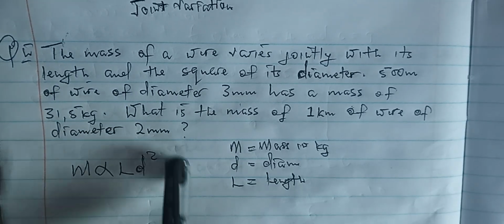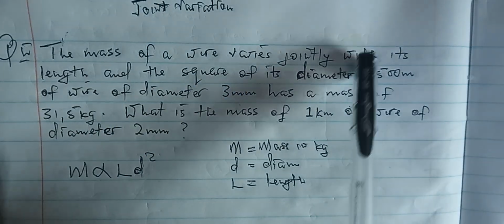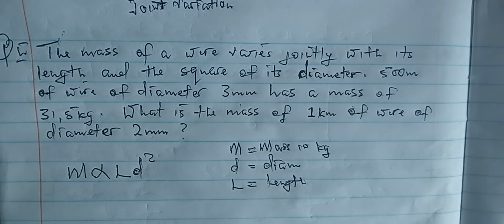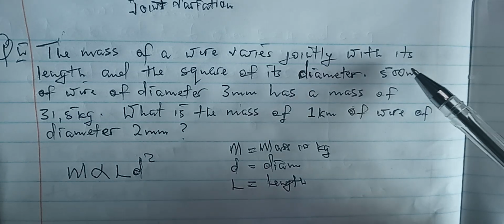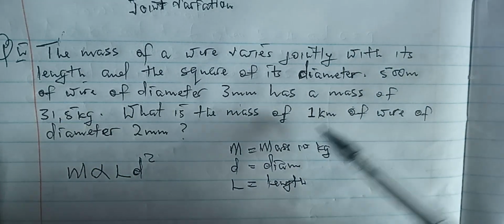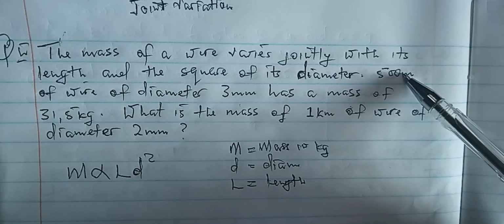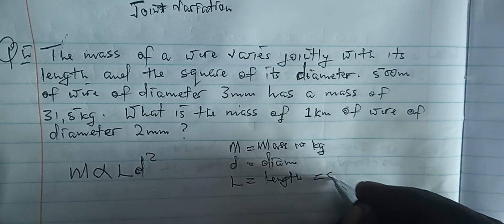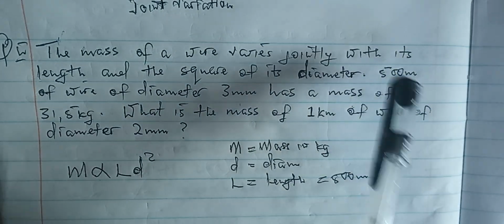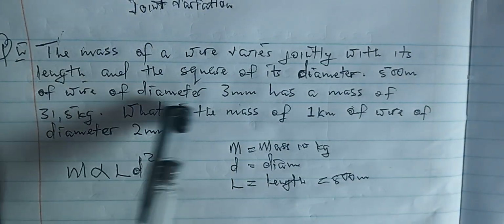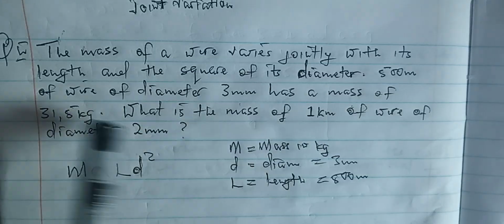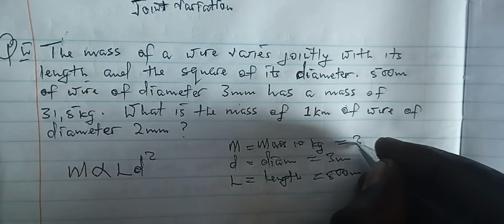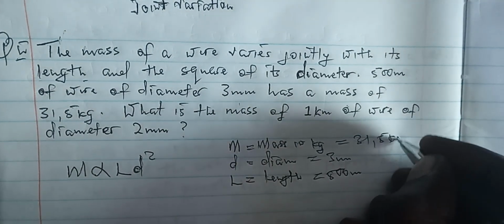Here we already have 500 meters as our length, and then the diameter, we've got 3 millimeters, and then the mass, we've got 31.5 kgs.